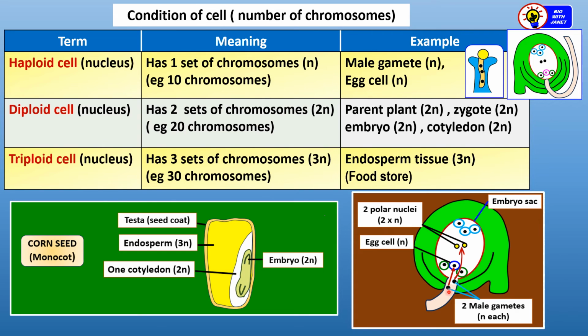And then this male gamete fuses with the egg cell, so n plus n equals 2n. So the zygote formed is diploid. Okay, and then we can see the endosperm tissue is actually a triploid tissue, and the cotyledon tissue that is formed from the zygote is actually diploid. So there's a difference between this endosperm and cotyledon tissue.